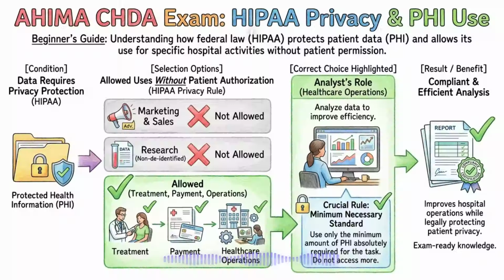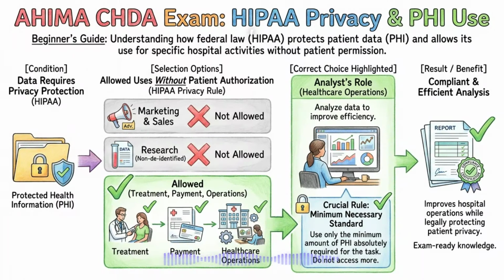Protecting this high-quality data requires strict adherence to federal privacy laws, most notably the HIPAA privacy rule. HIPAA dictates exactly how protected health information, commonly called PHI, can be legally used and shared.